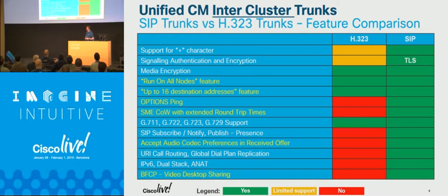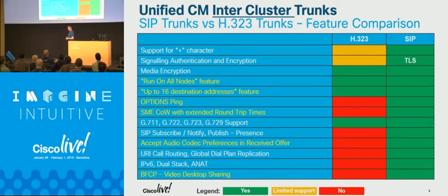So just as an eye chart here, you can see that there's a lot more red for H323. So again, SIP is much more feature-rich. In terms of authentication and encryption, we're using TLS rather than IPsec, so it's much easier to set up. The yellow features here, so run all nodes, up to 16 addresses, for example, are features that are there on H323 and SIP trunks, but things like options ping, just tracking the reachability of the far end, is SIP only.